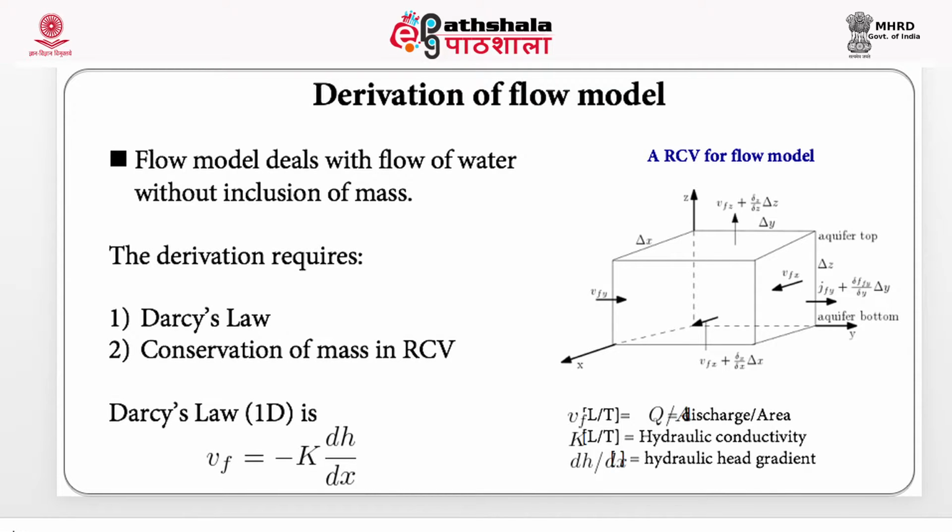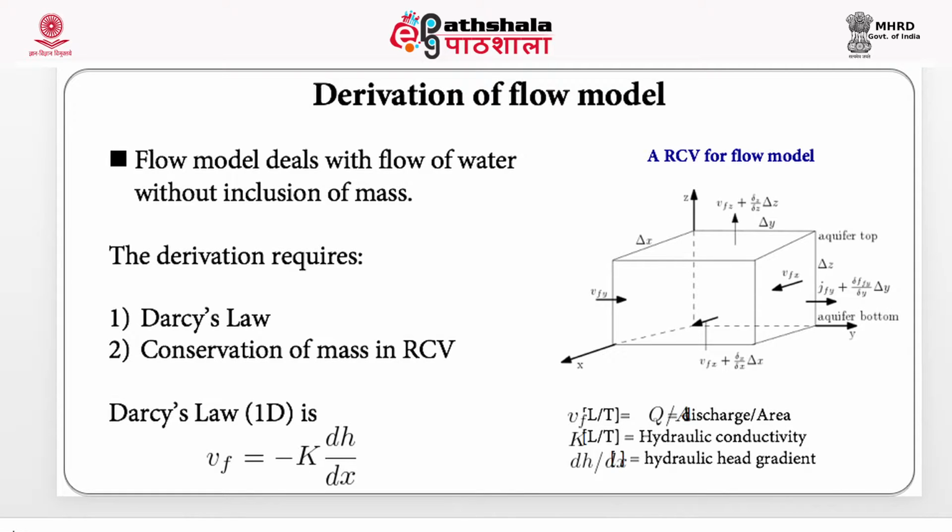Now, what is Darcy law? Darcy law is a very simple water transport statement, which states that the specific discharge, that is Vf, equals K, the hydraulic conductivity, times the ratio of head difference over the change in distance x.